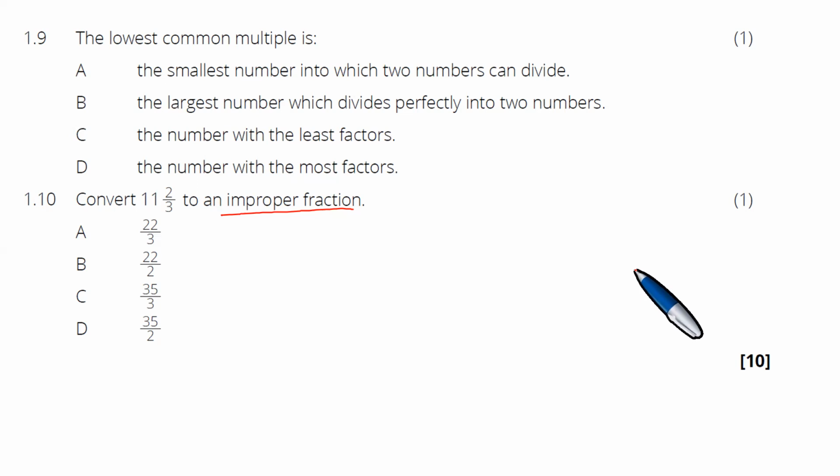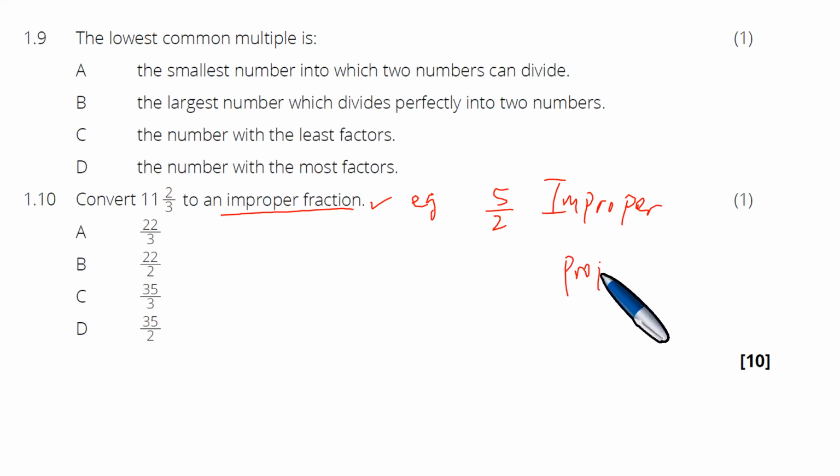Okay, with this one, let's look at what is an improper fraction? What kind of a fraction is improper? I can give an example, like 5 divided by 2 is improper. Improper is the opposite of proper fraction. What is a proper fraction?